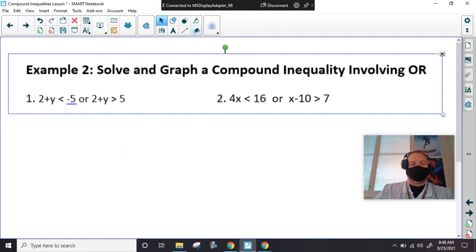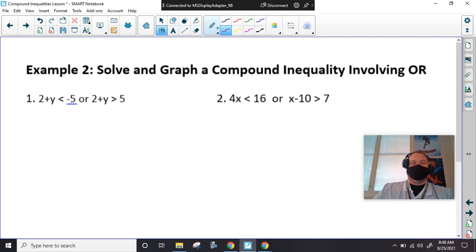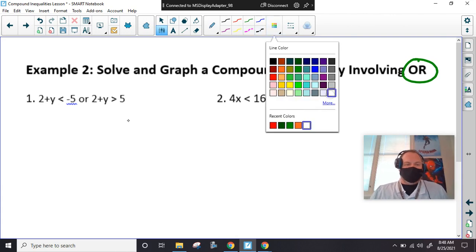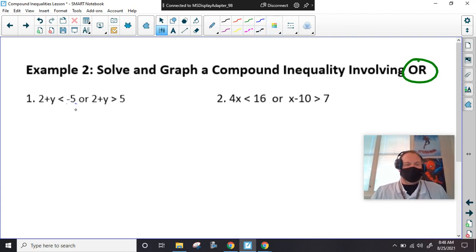So, now, the dreaded or. Dun, dun, dun. Insert scary music, lightning flashes. Okay. And I've got to delete this little blue line right here because it's bothering me.